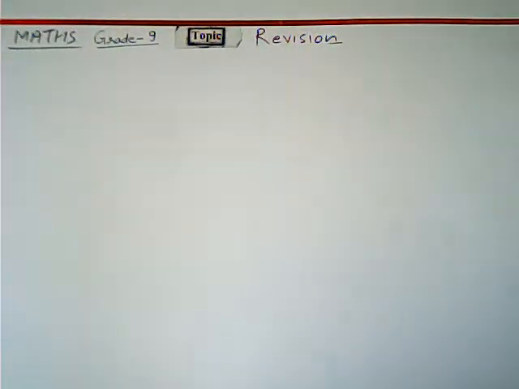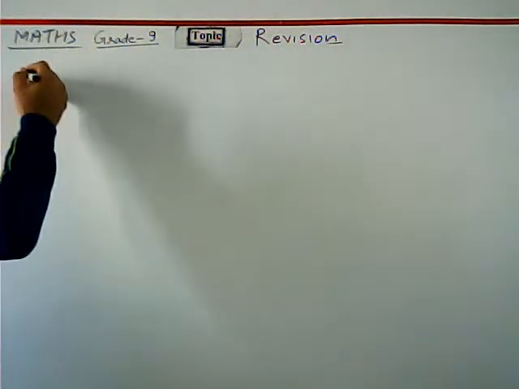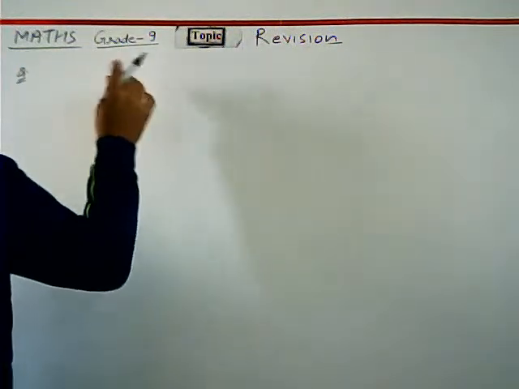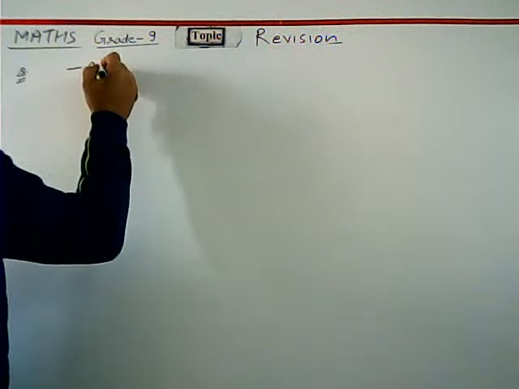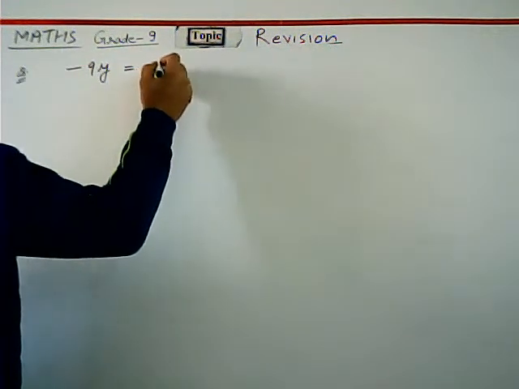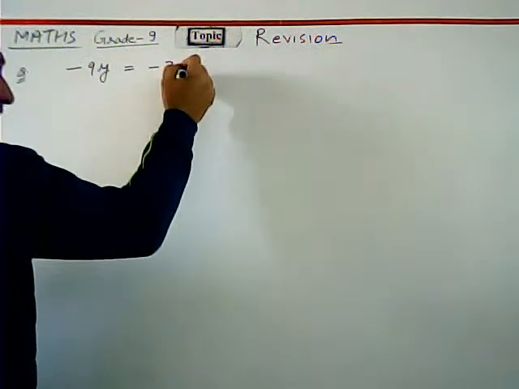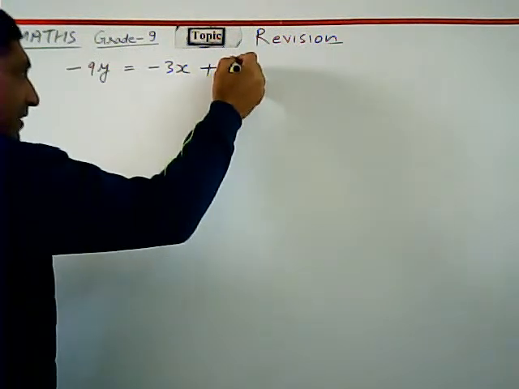The question is: find the coefficients A, B, and C of this equation, minus 9y is equal to minus of 3x plus 11.